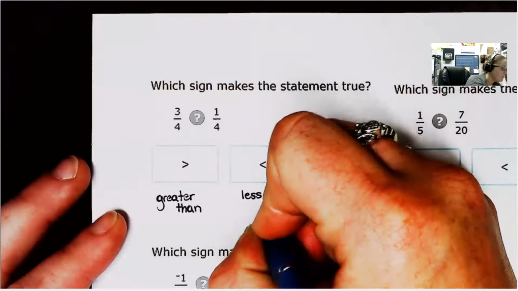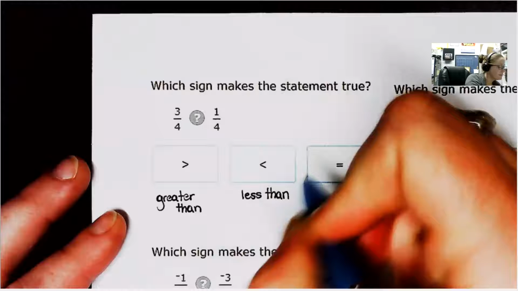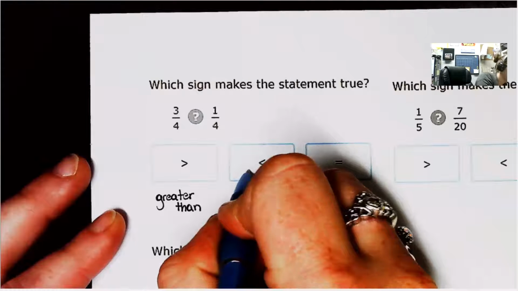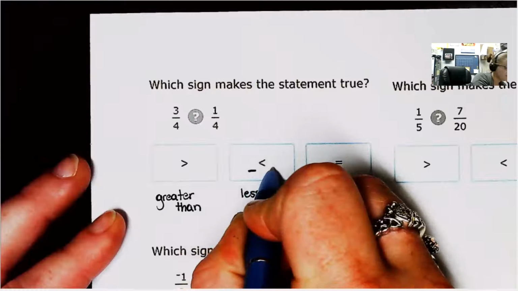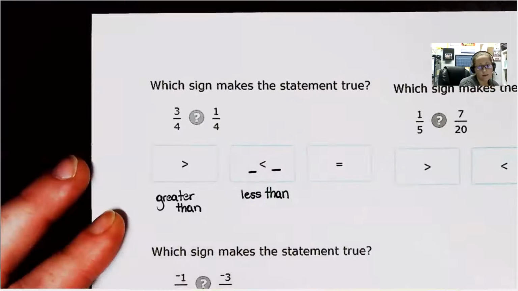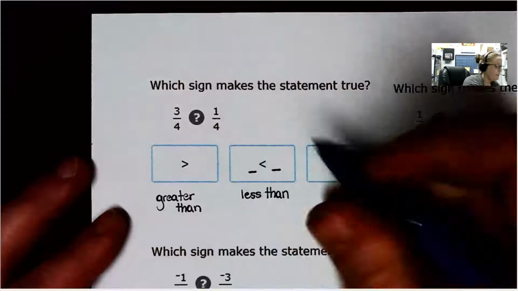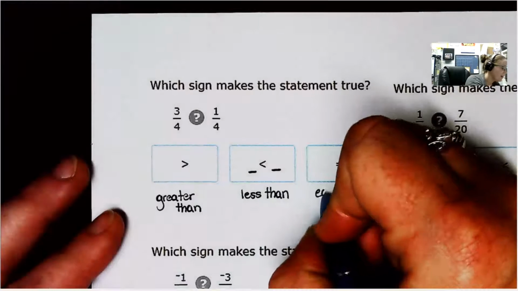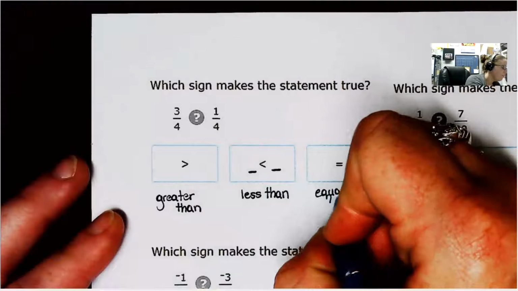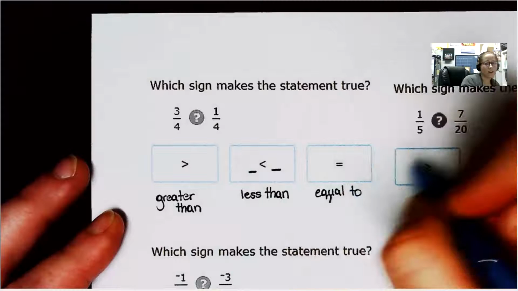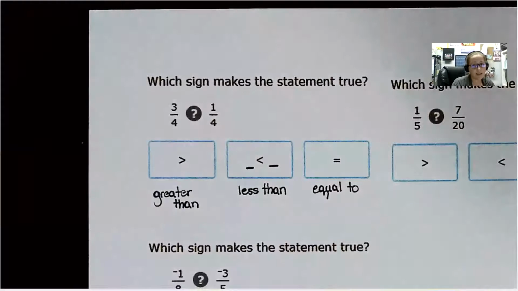This is saying that whatever that first number is on this side is going to be less than the number on this side. And then you have your equal to sign. Let's say that both of the numbers on each side are the same. That's where you would select that equal to sign.